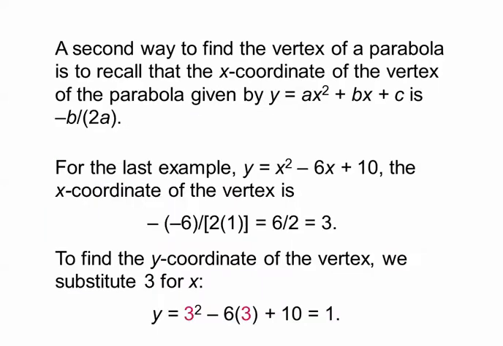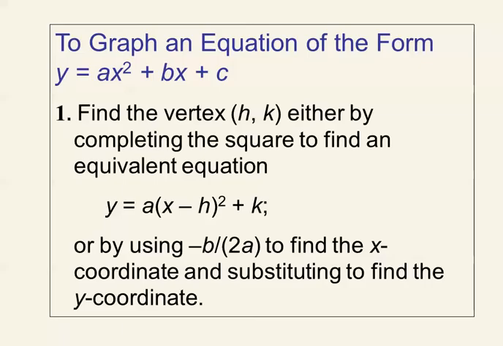The other way to do the vertex of a parabola, we all agreed was a little bit more difficult, but what you would do is the x-coordinate of it is minus b over 2a, and you can plug that in, and you can get the y-coordinate. Either way you want to do it is fine with me. I really don't care.